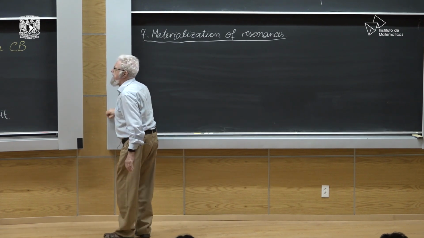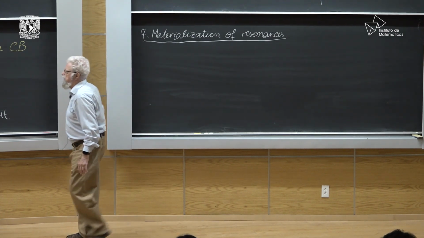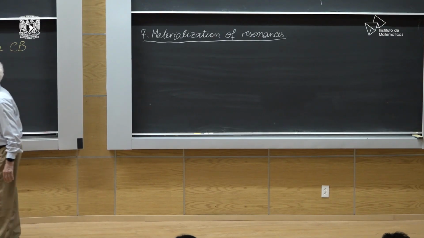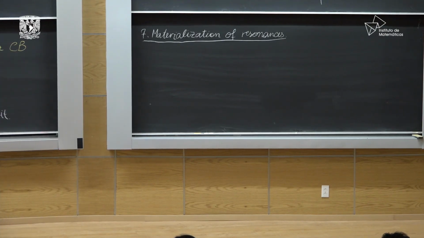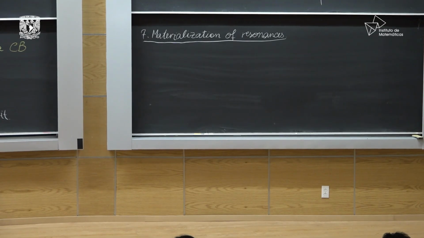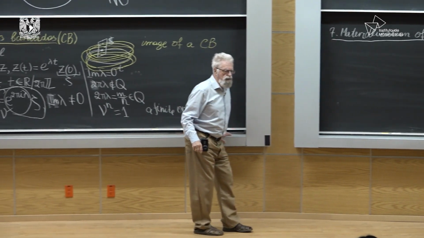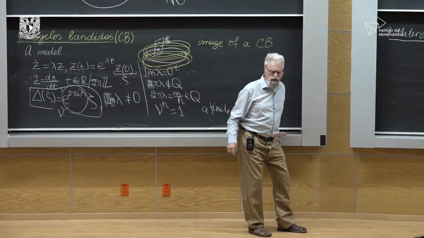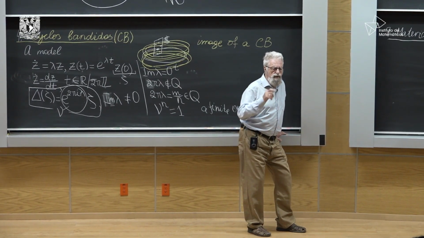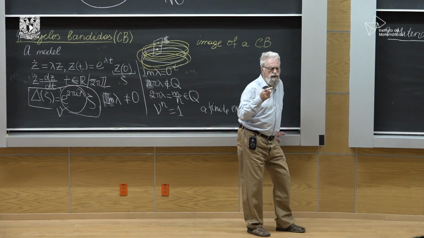Remember that in the model example for the Bandidos cycle, you had a linear equation with a linear Poincaré map.